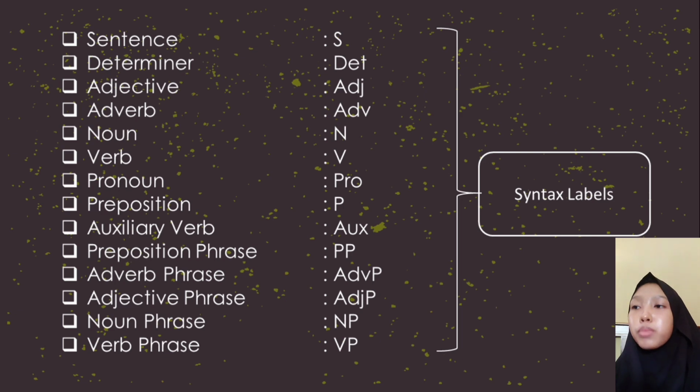Preposition phrase, PP. Adverb phrase, label ADVP. Adjective phrase, label ADJP. Noun phrase, label NP. And the last, verb phrase, label VP.